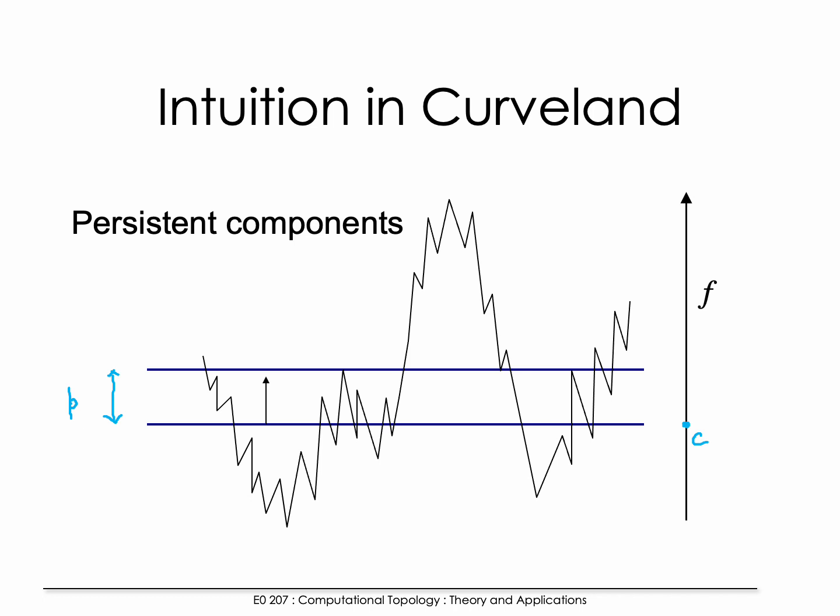So we want to call these components persistent components. This is the origin of the term persistent. We would like to somehow define this notion of persistence and then report all persistent components at all values c.